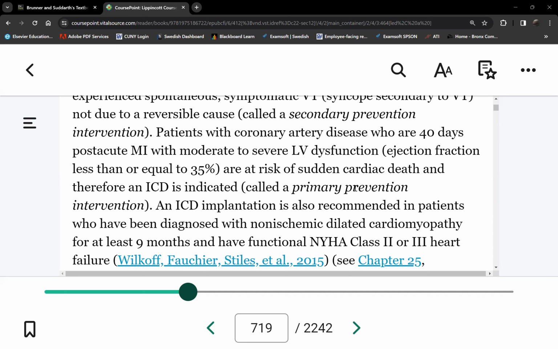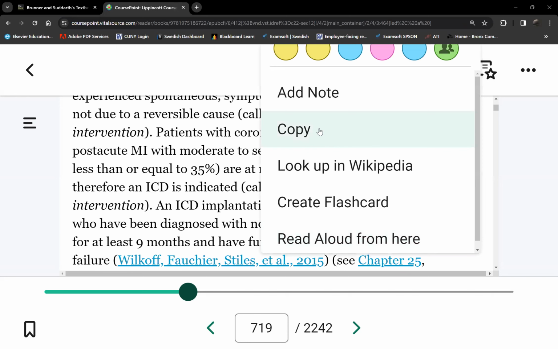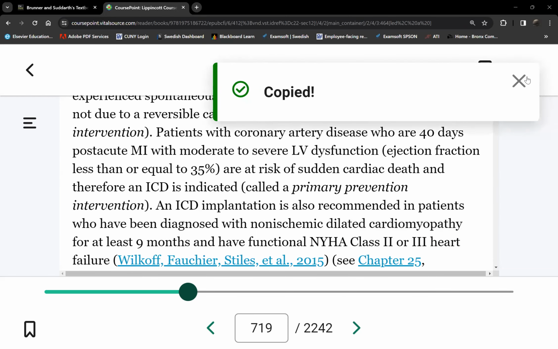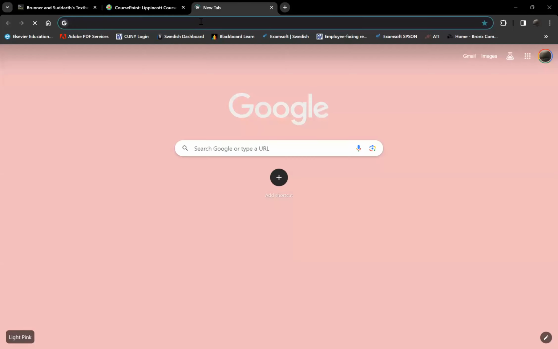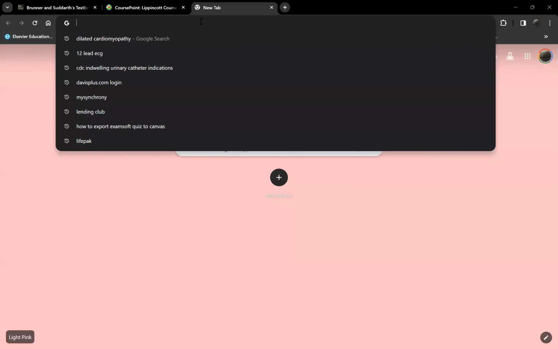An ICD implantation is also recommended in patients who have been diagnosed with non-ischemic dilated cardiomyopathy for at least 9 months and have functional NYHA class 2 or 3 heart failure.